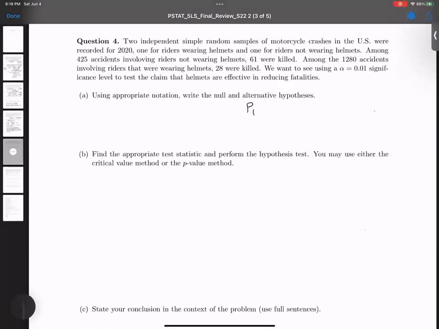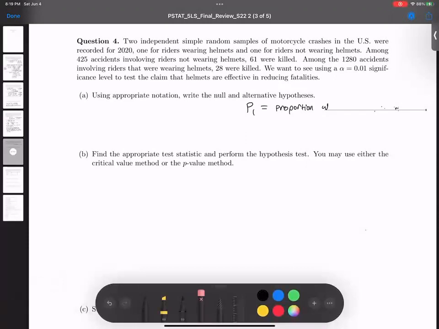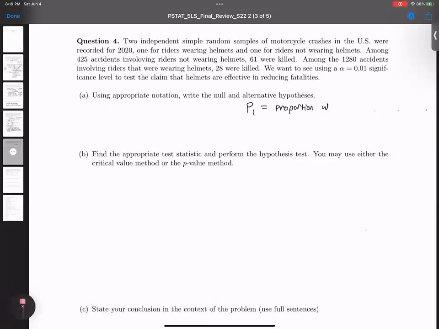But oh well. So P1, population 1, we'll say that this is the proportion of deaths with helmets.